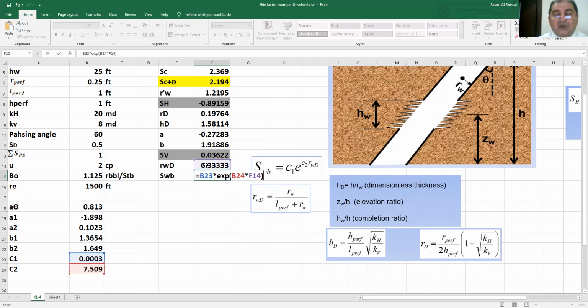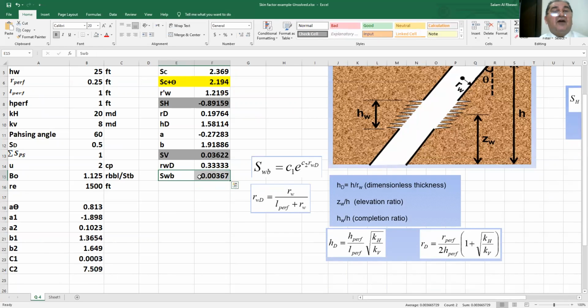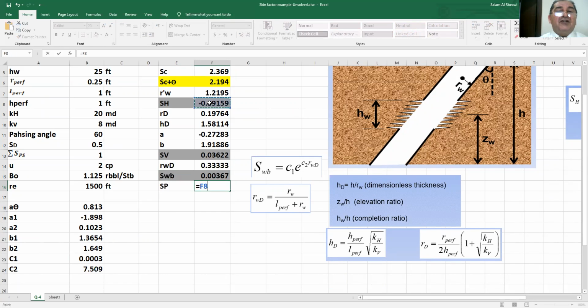Okay, so we are good. Let me also highlight this one. Now I need to calculate S sub P. What is S sub P? The summation of S sub H plus S sub V plus S sub WP. Let me highlight this one by yellow.